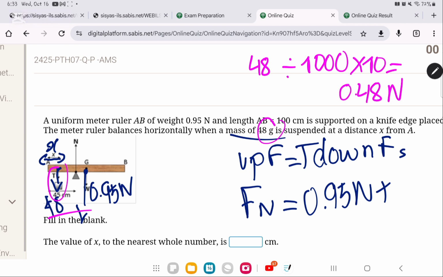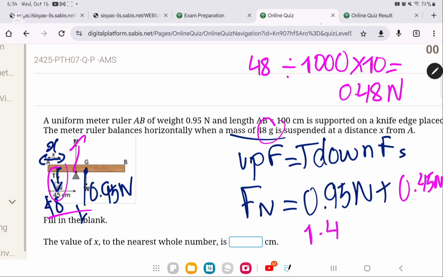So the total upwards force, the force N, is equal to the weight of the ruler plus the weight of the object, which is 0.45 newtons. If we add it on the calculator, 0.95 plus 0.45, we get 1.4 newtons. My bad, this is 0.48. You see, I did a silly mistake.